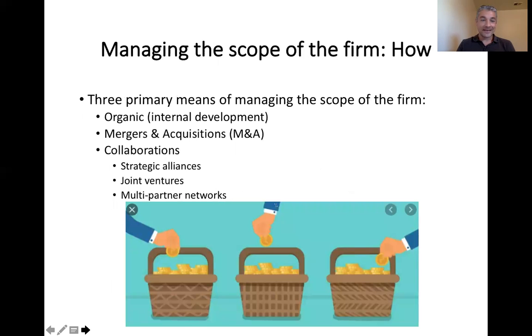All right. So, how do companies manage their scope? In the most basic way, there are three options that they have available. One is if they decide to operate in more than one industry or maybe more than one geographic market, they can try to do it organically. They can try to go for the internal development of a new product, new market, whatever the case might be.